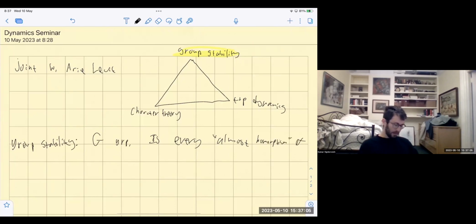Is every almost homomorphism of G close to an actual homomorphism?